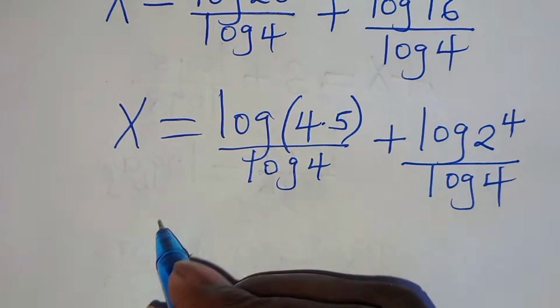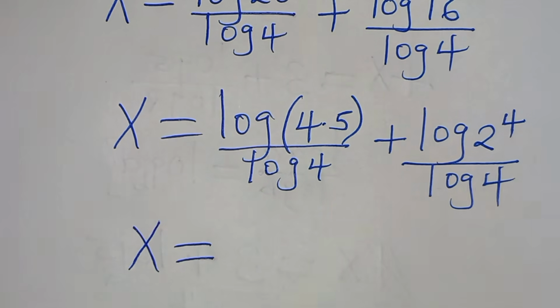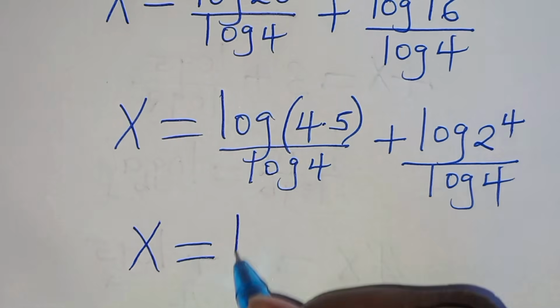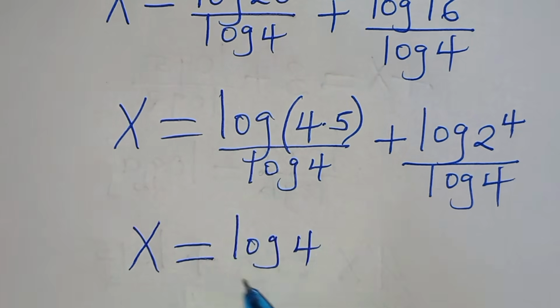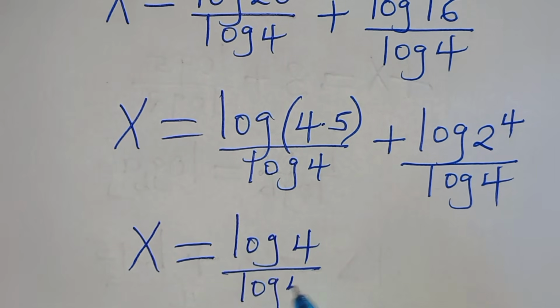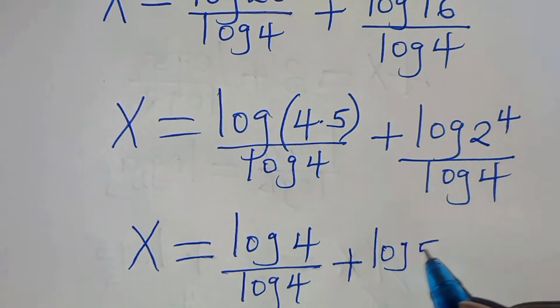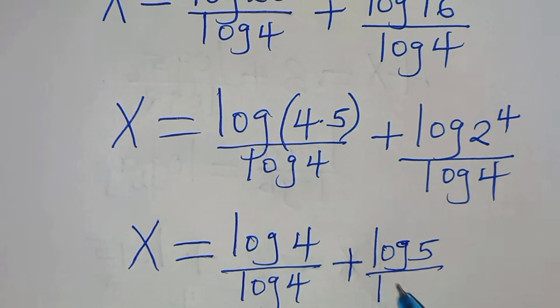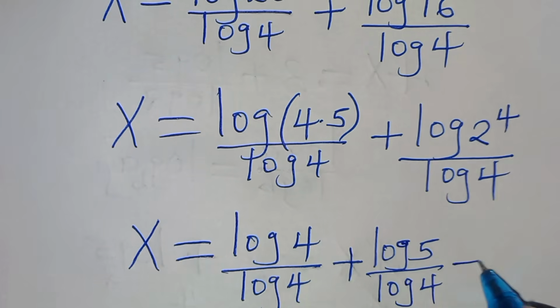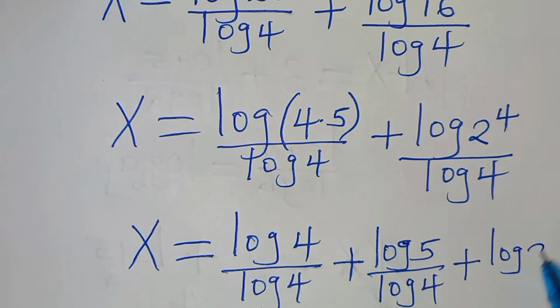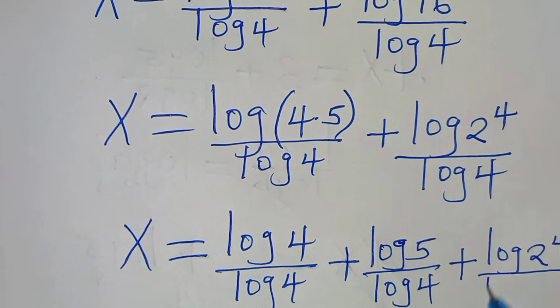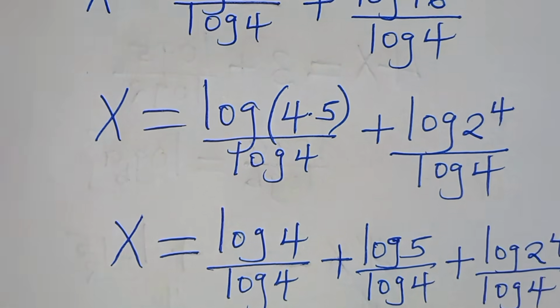Now the next step, we can express log 4 times 5 as log 4 divided by log 4, then plus log 5 divided by log 4, then plus log 2 raised to the power of 4 divided by log 4.